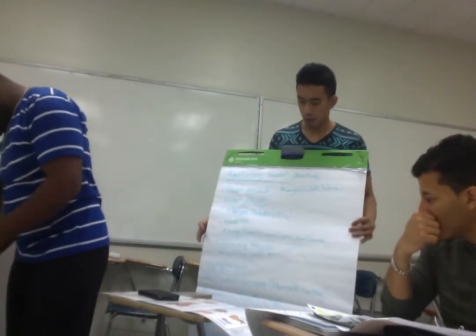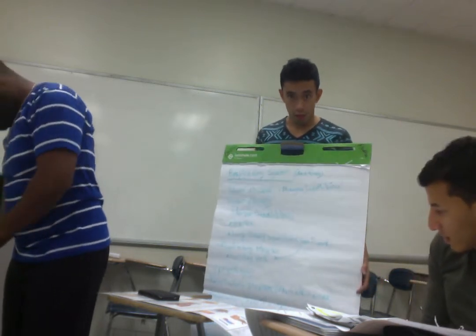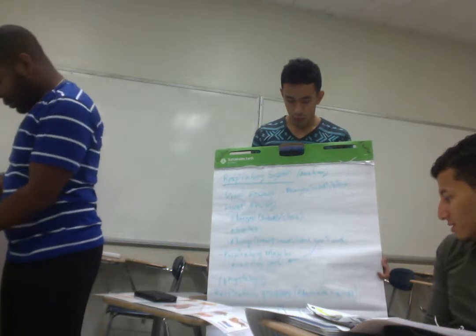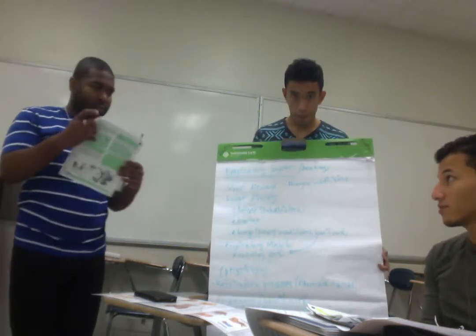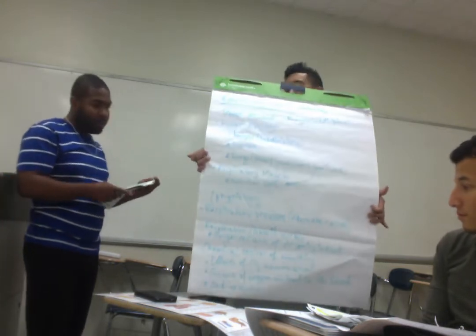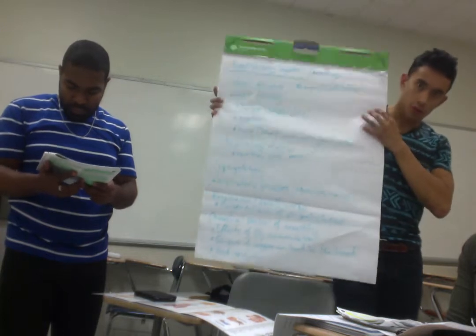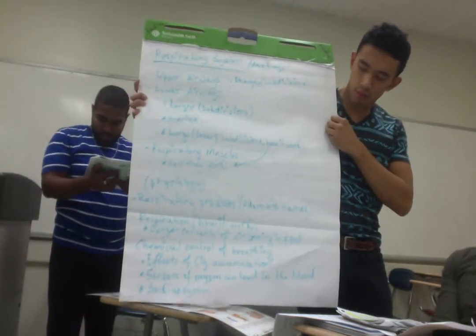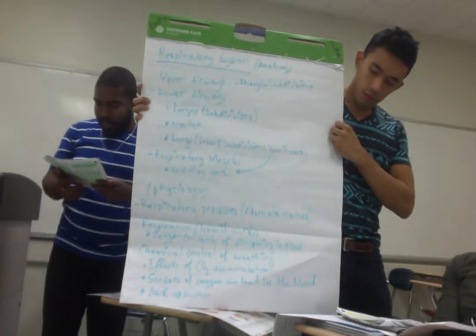Alright, so now we have the respiratory process. Now respiration and how it works. Basically, it's the oxygen content of the air coming in and out. Respiration is when the air gets oxygenated.